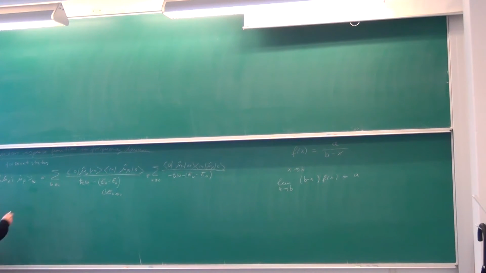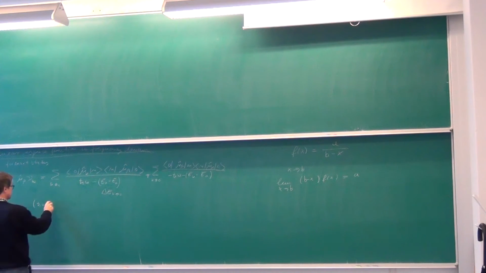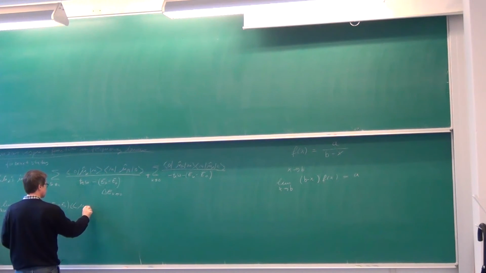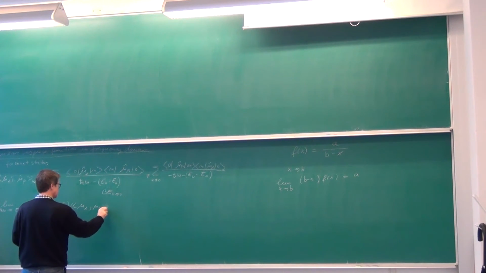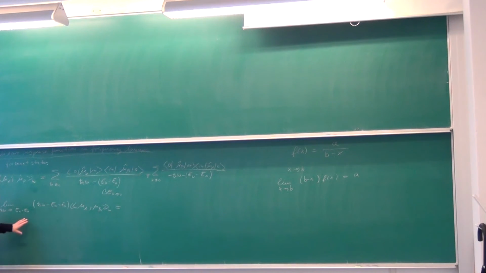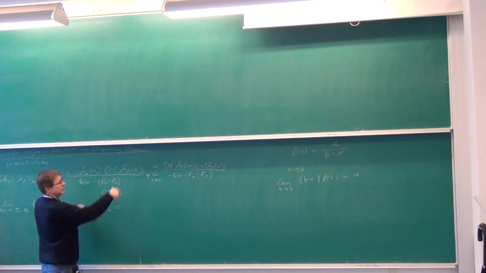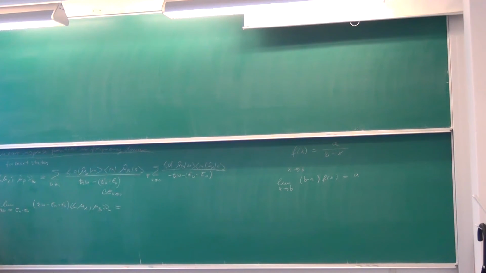So if we take the limit of h bar omega towards one of the excitation energies, En minus E0, of our response function, but we multiply it with h bar omega minus En plus E0 of our response function of omega, then I get, like over there, the numerator.